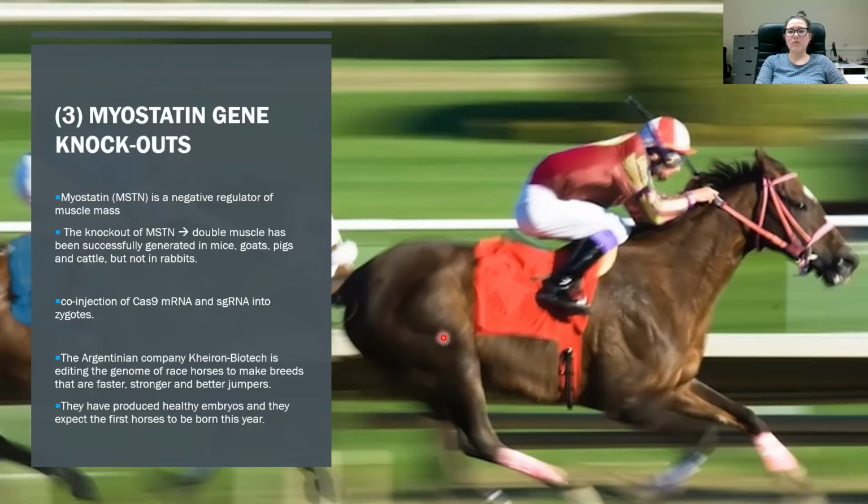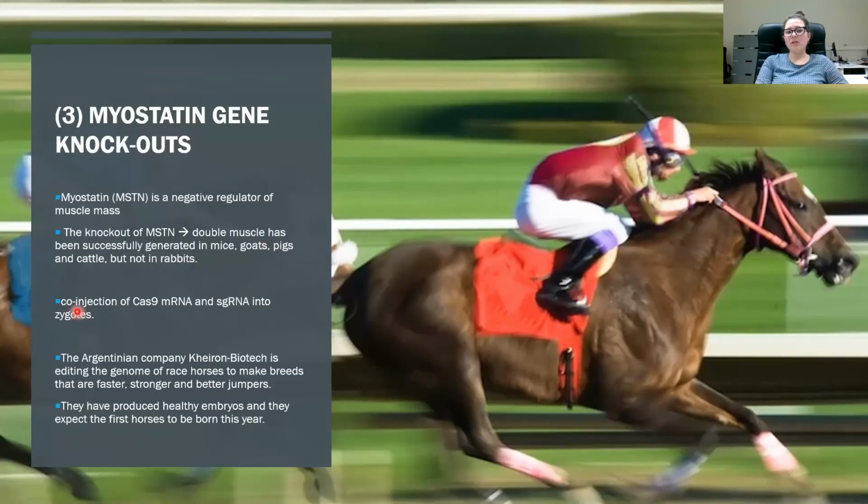So if we want to have a horse that runs very fast, we want that horse to be muscular. So we knock out that myostatin gene, and we get double muscle in horse, or in mice, goats, pigs, and cattle. And recently, it was done in rabbits.